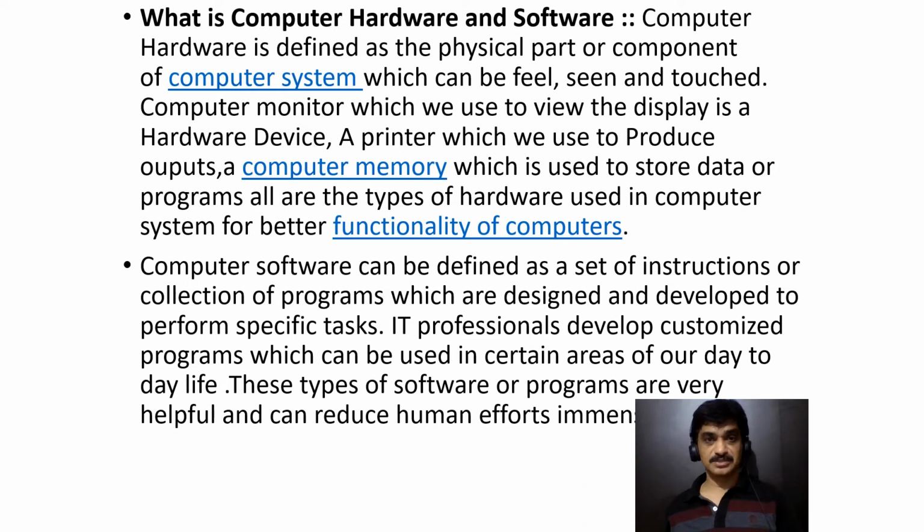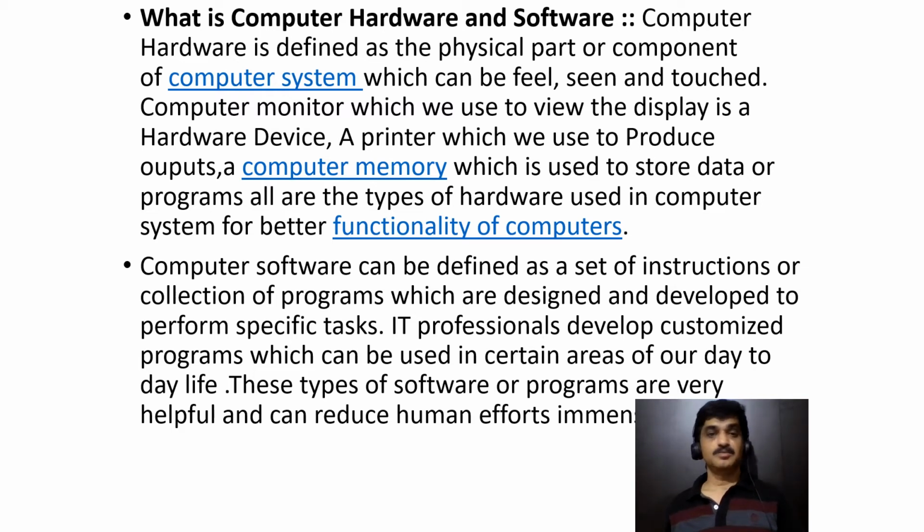The computer monitor which we use to view the display is a hardware device. Even a hard disk, a printer which we use to produce outputs, and computer memory which is used to store the data are all types of hardware used in the computer system.